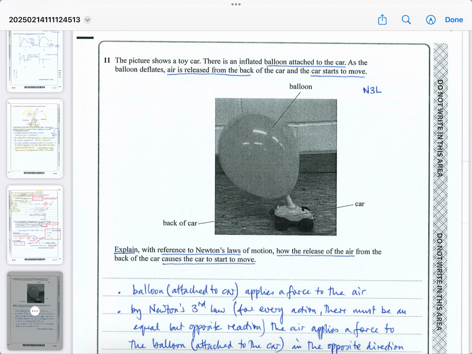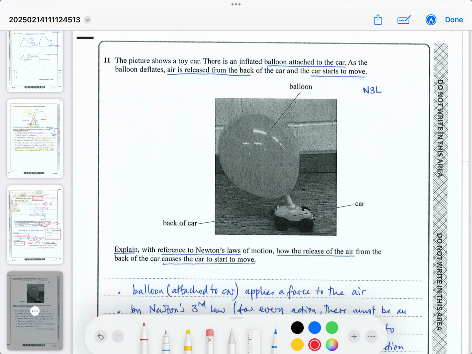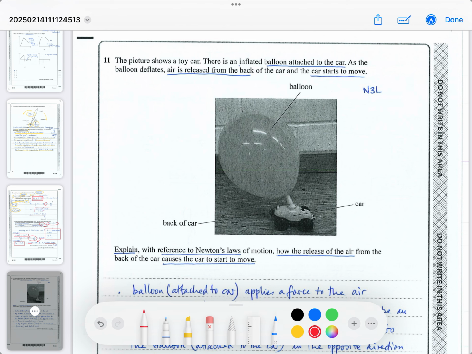So there must be a pipe going through the back of the car, and the car starts to move. The air is released by the elasticity of the balloon. The balloon's under pressure, so at the back of the car, air is expelled. I'm assuming there is a hole there, which we can't see, so air is expelled in the red arrow direction.